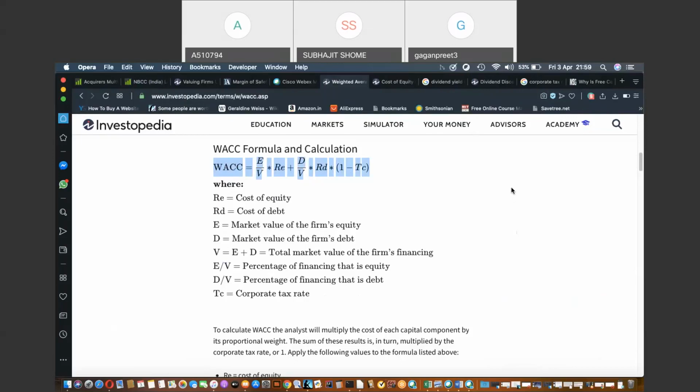So first you need to calculate WACC. Numerator is very easy. You multiply dividend into 1.1. Growth rate is very easy because we have taken 10% growth rate. Below that, we are not satisfied. So that will be your WACC minus growth rate.